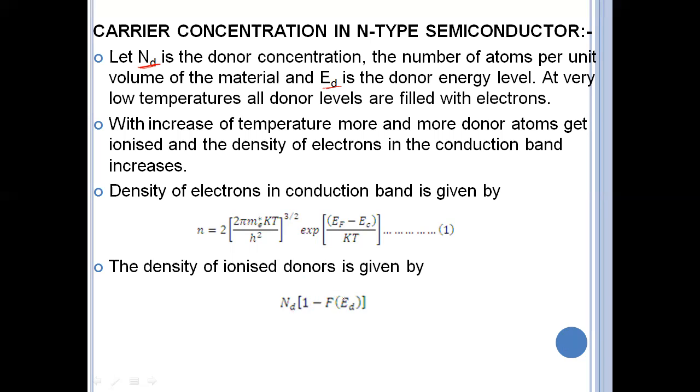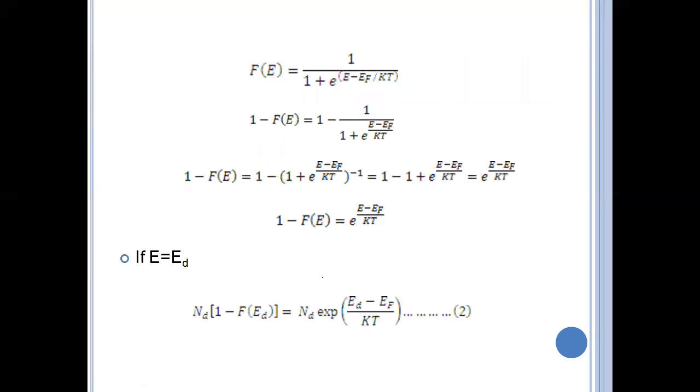Why? Because 1 minus f of ED, because here we are talking about the presence of non-availability of electrons. So non-availability of electrons can be given as 1 minus the probability function. From the Fermi-Dirac distribution function, f of E is given by 1 by 1 plus e power (E minus EF) by kT.